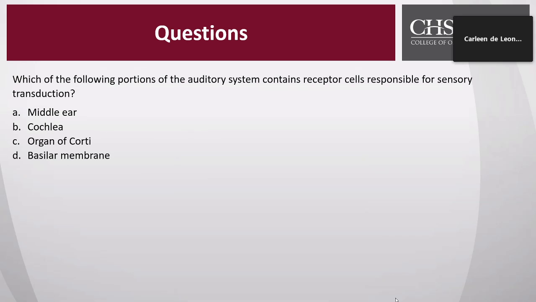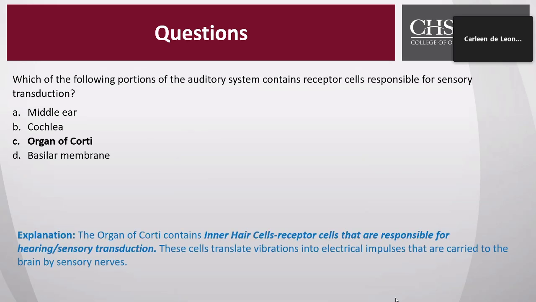That is the organ of Corti. So the organ of Corti contains the inner hair cells, which are the receptor cells that are responsible for hearing and sensory transduction. These cells translate vibrations into electrical impulses that are carried to the brain by the sensory nerves.